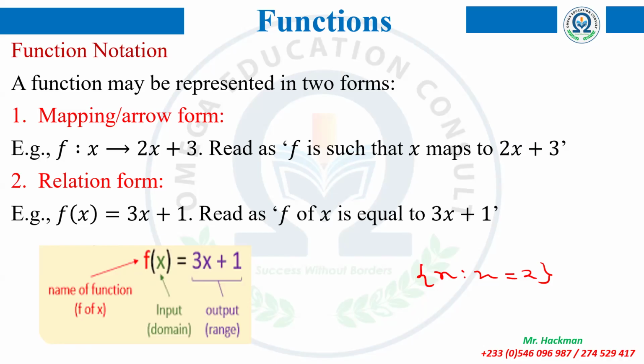So these are the forms that you usually use when functions are represented. But take note, the first form is the one usually seen in questions. However, in every math question, when you are extracting the information, if the function comes in the mapping or arrow form, don't extract it in the mapping or arrow form.